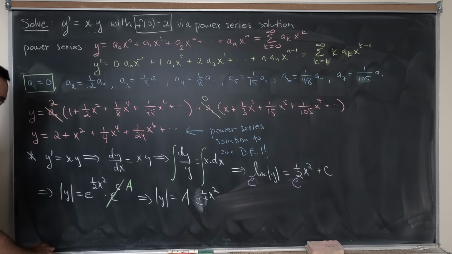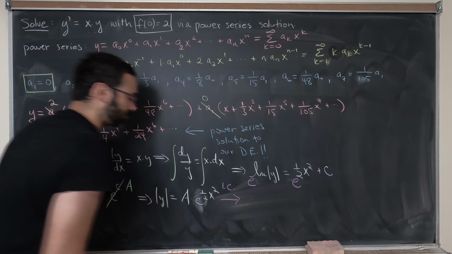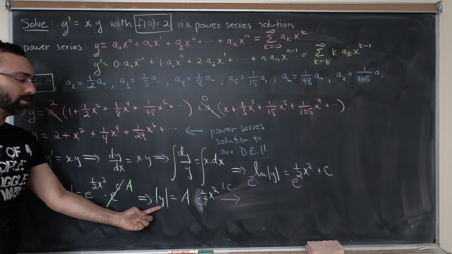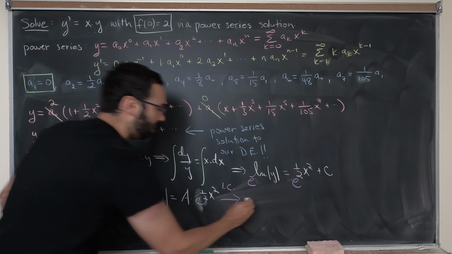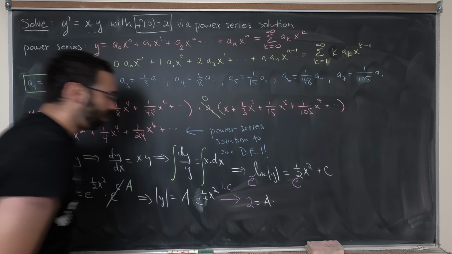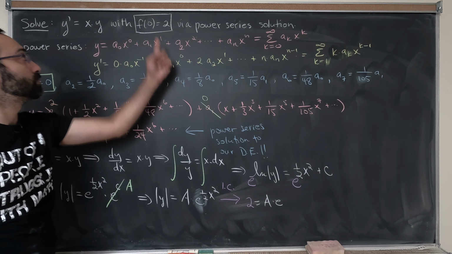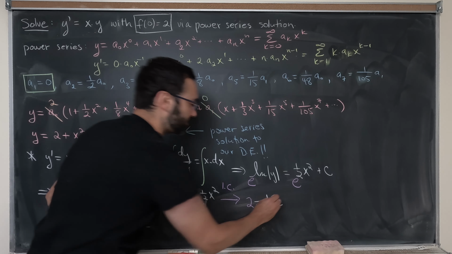Using our initial condition, f of 0 equals 2. So the magnitude of 2 here is 2. And that would equal a times e to the power of, well, half times 0 squared is 0.